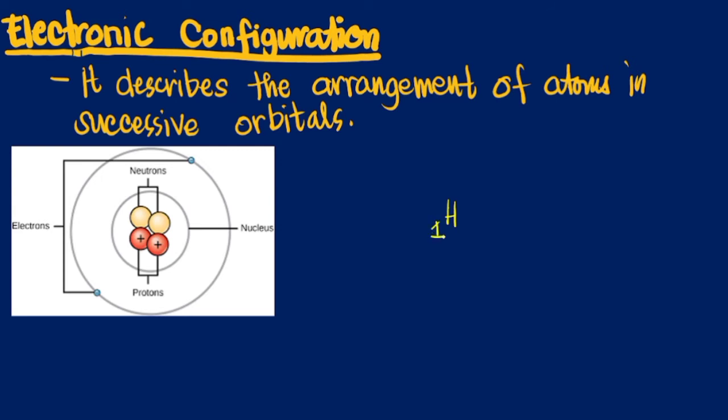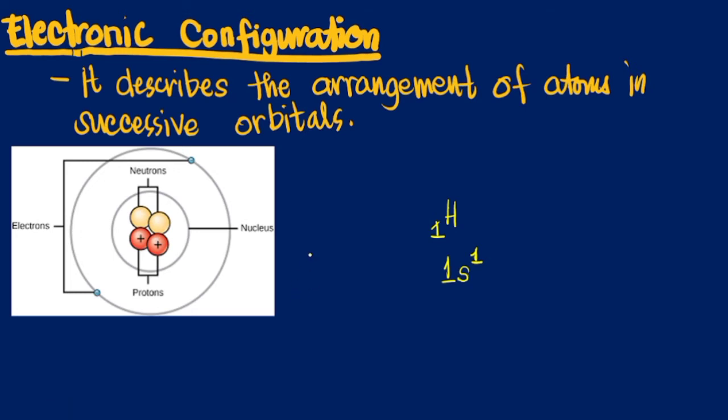It has only one electron, and its energy level is only 1, okay? And its sublevel is only s. Why? Because it has only one electron, and the number of electrons in an orbital is only 1.